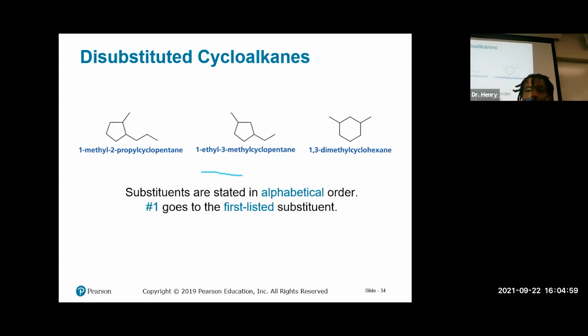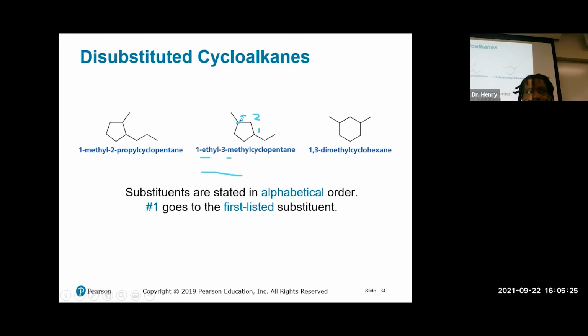Okay, so the numbers can start anywhere, technically, right? So I could have started here, I could have started there, I could have started there, right? But since ethyl is lower in the alphabet than methyl, the number is going to start on our ethyl. So that'll be 1, 2, 3. If I decided to go the other way, 1, 2, 3, that'll be 4.